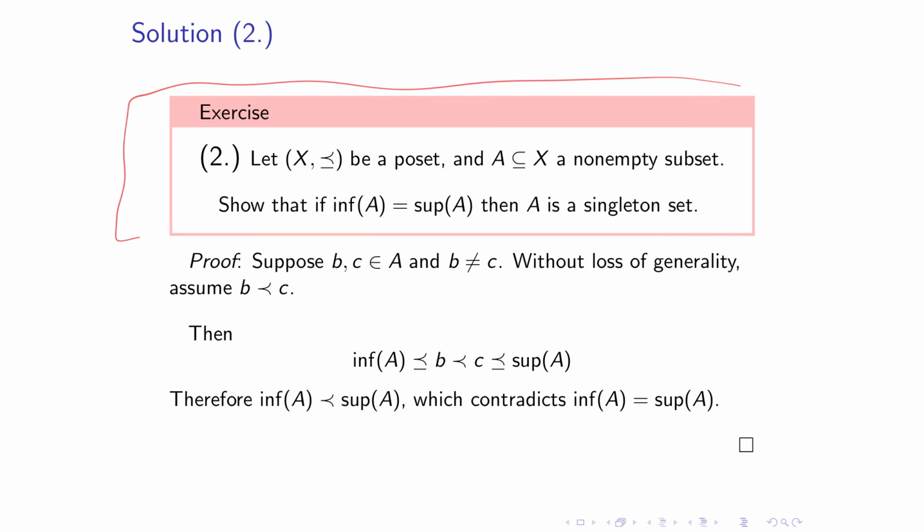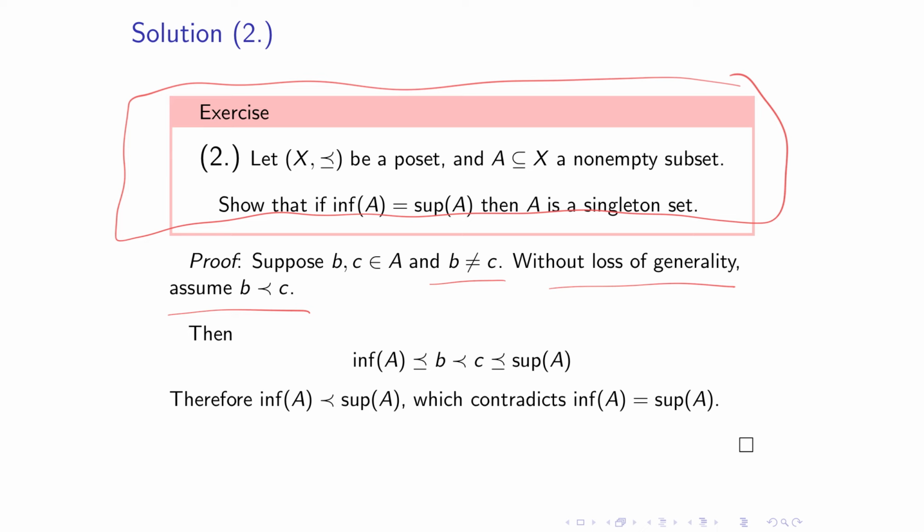Okay, for the second exercise, let us suppose for contradiction that we have some two distinct elements, and without loss of generality, if they're distinct, then one of them must strictly precede the other.